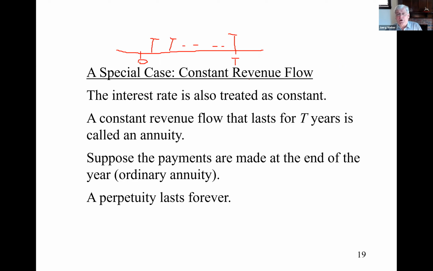Now, if it goes on forever, then you call it a perpetuity. So a perpetuity is a constant payment which lasts forever. With so-called ordinary annuities, the payments are made at the end of the year.